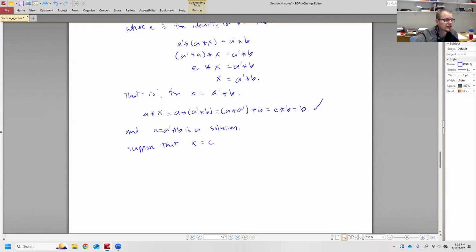We should point out that A prime star B is in G, because we have closure with respect to the binary operation there. So suppose that x equals C, which is in G, is also a solution.